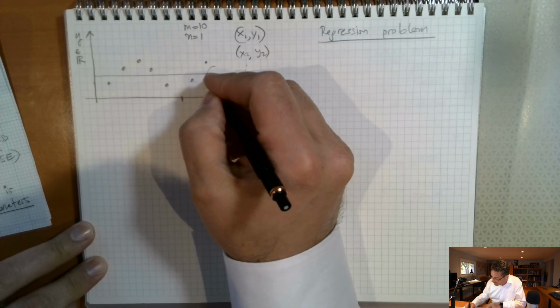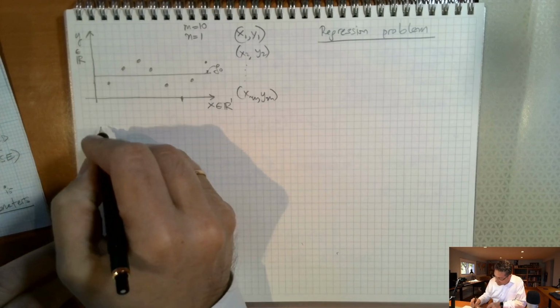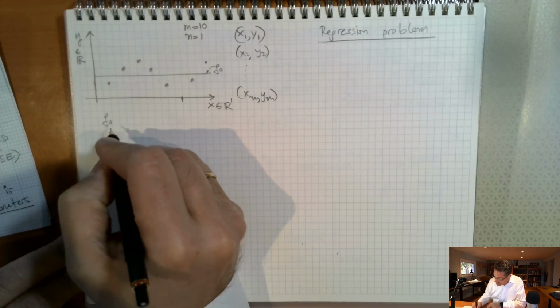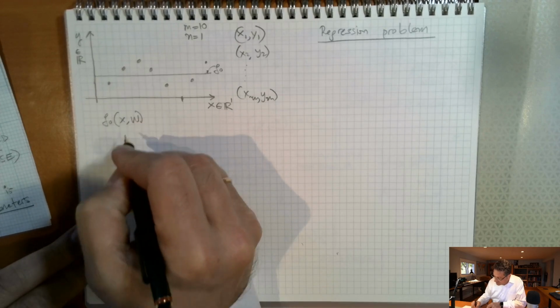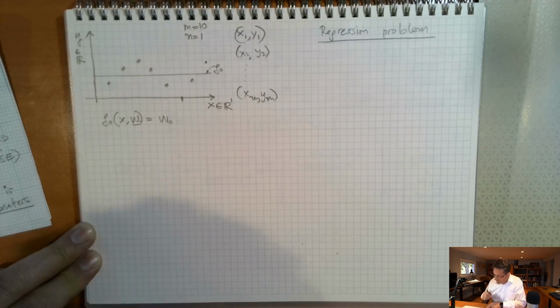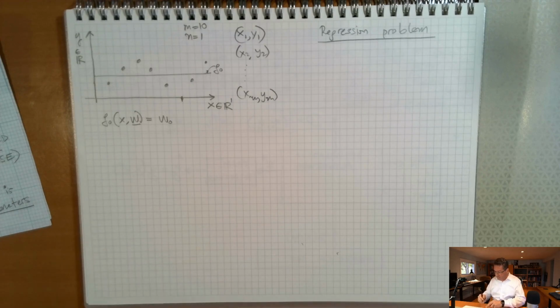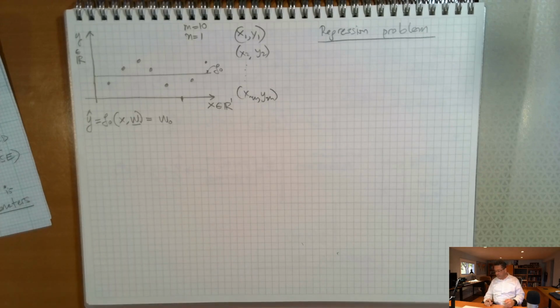I'm going to call this function g0, and further qualify it as g0 of x comma w is w0, and every hypothesis is of course able to give us a prediction y hat. So this is basically the equation of my first hypothesis.